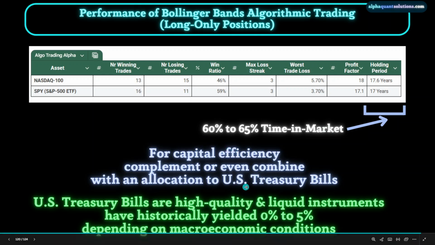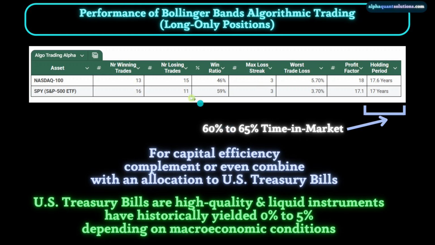We could even consider using this investment in parallel to this algorithm. Let's say you would, for instance, split your capital in two, have 50% allocated to US Treasury bills and 50% to such an algorithm.